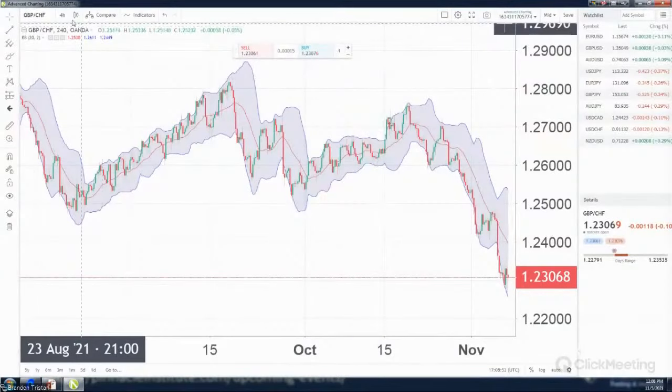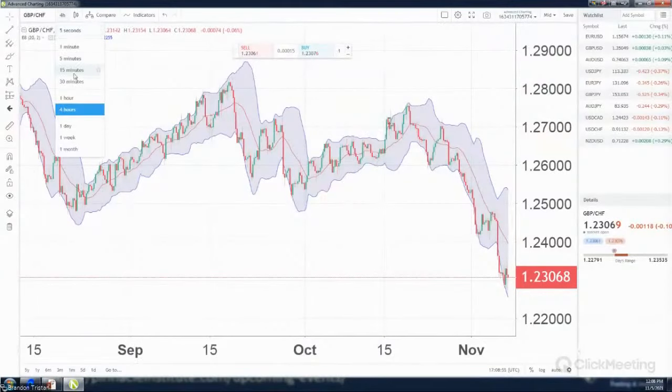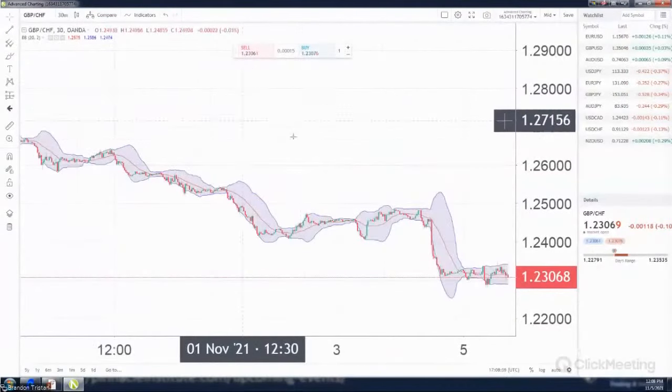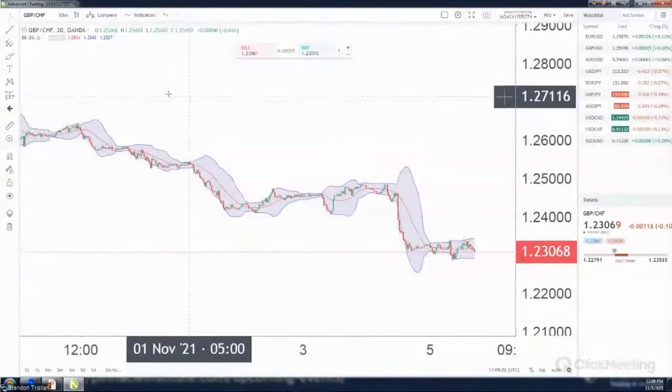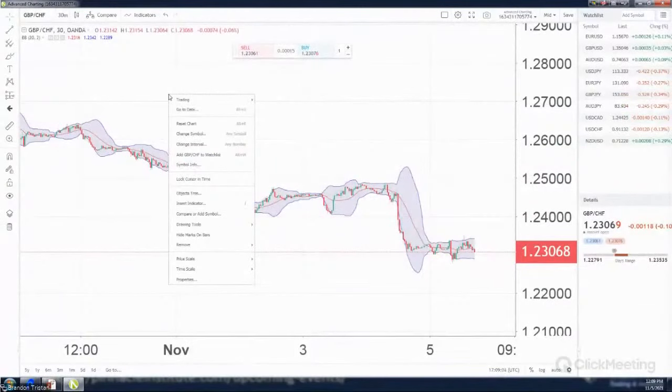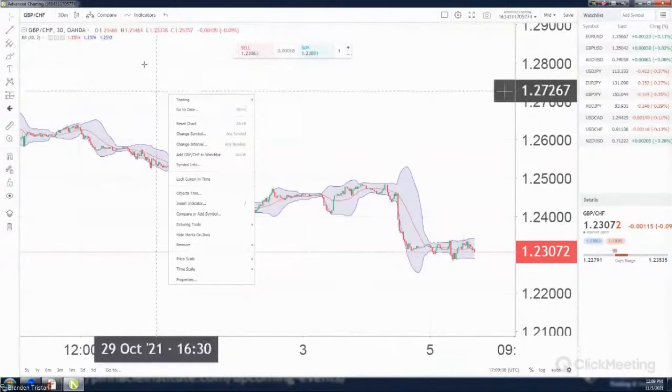I can go day trading, let's do that. I'll go 30 minutes. Okay, I'll use just 30 minutes for now. Let me take off Bollinger Bands. Oh, there it is.